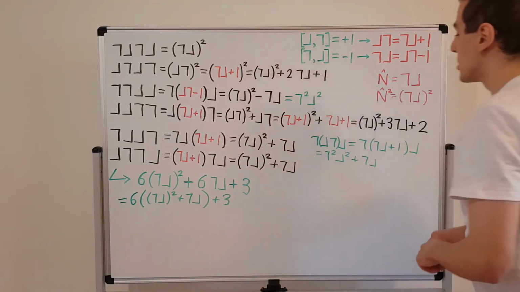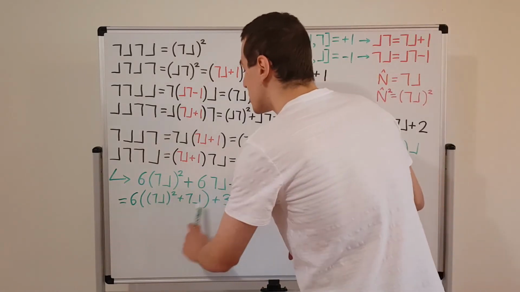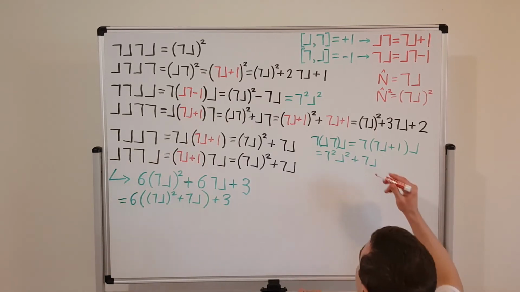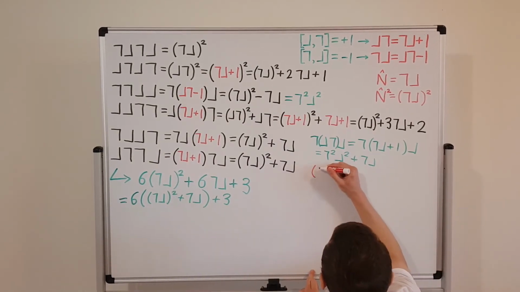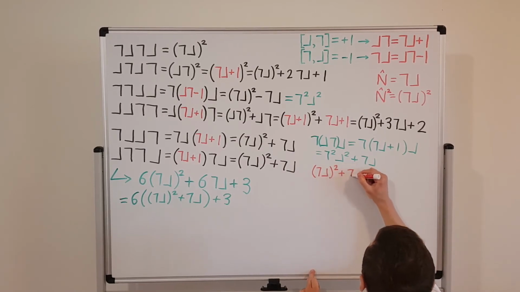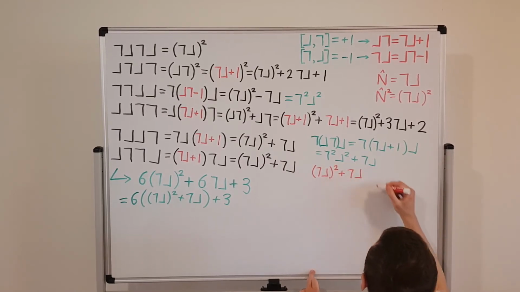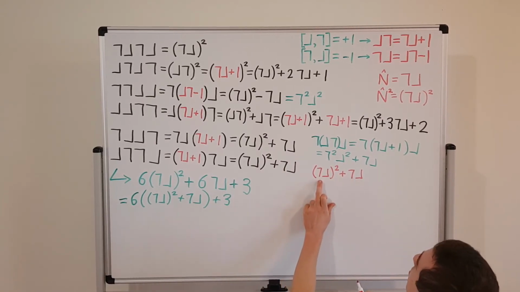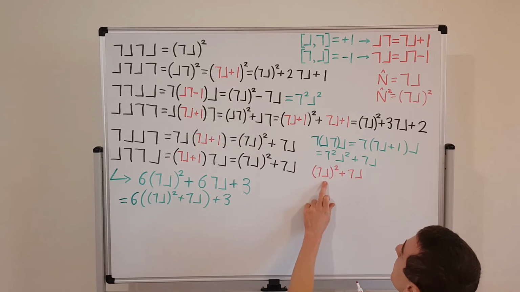So now what I want to do is consider this term over here. What is this equal to? So I'll write this in a different color. If we consider raise lower squared plus raise lower, that's what we have inside over here. We can rewrite this raise lower squared in a slightly different form.